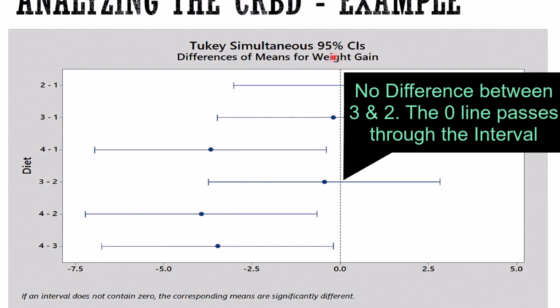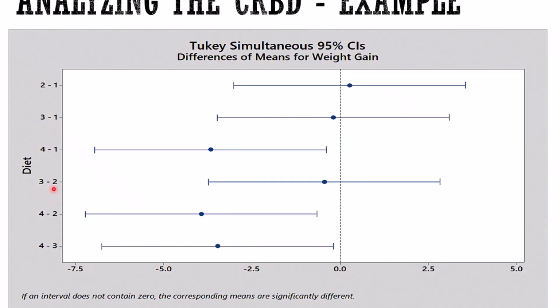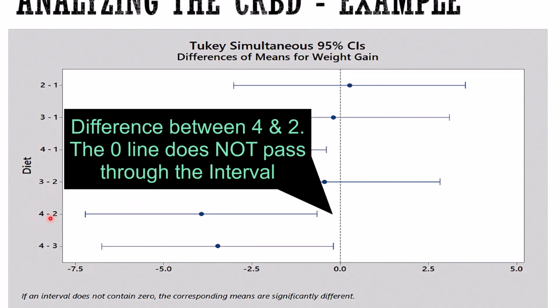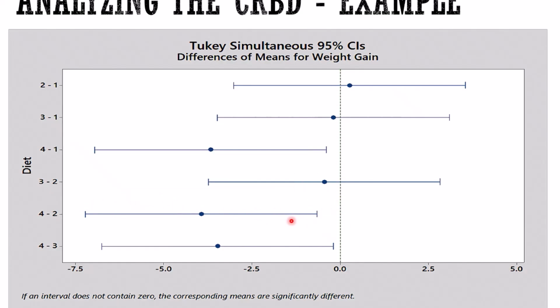That tells us there's not much difference between these two diets. 4 minus 2, diet 4 and diet 2. Yes, there is a difference because 0 does not pass through this interval, and the same for 4 minus 3. So the conclusion is there's a significant difference between diet 4 and the rest of the diets, but not as much between diet 1, 2, and 3, right?